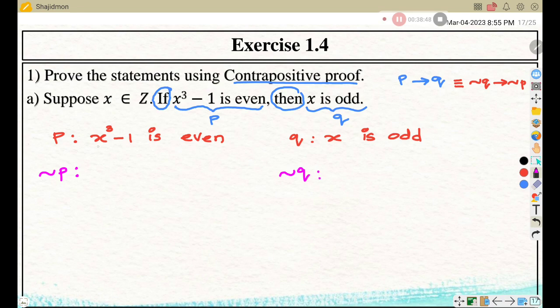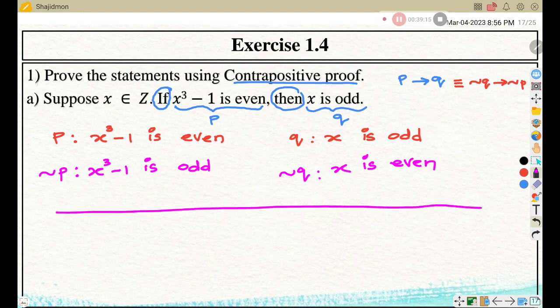The negation of p: x power 3 minus 1 is not even, and not even means x power 3 minus 1 is odd. The negation of q: x is not odd, that means x is an even number.